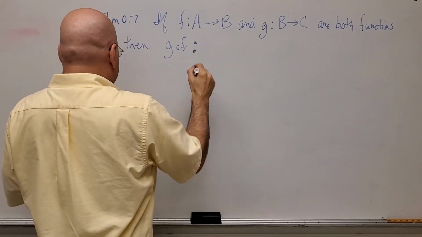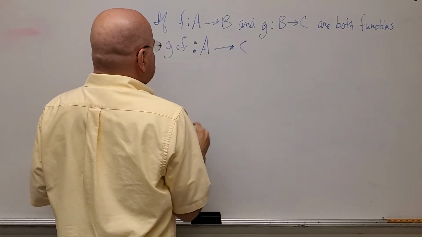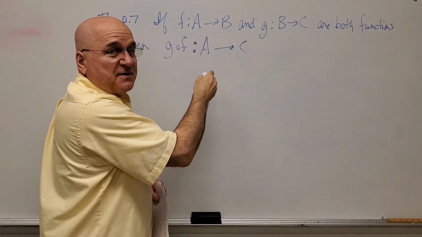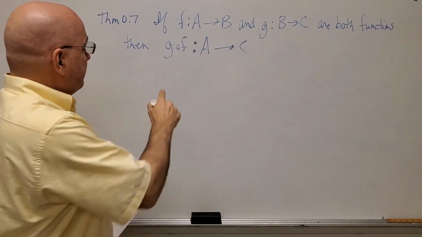And it maps what? Remember that picture? It takes A all the way across to C. Makes a little stop in the middle in the set B and then moves on to C. Then this is a function.